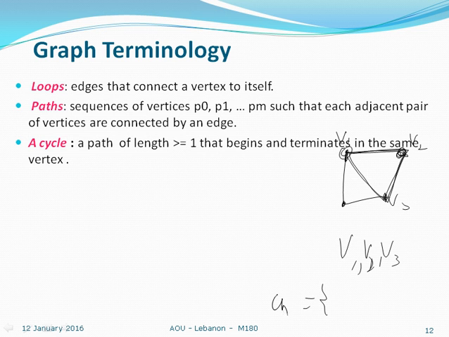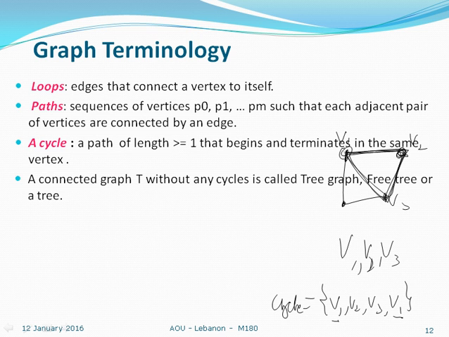The starting vertex and the ending vertex are the same. Any connected graph T without a cycle is called a tree graph, because since there is no cycle, we call it a tree graph. For example, over here, this is without a cycle, because you cannot form a cycle in this graph.